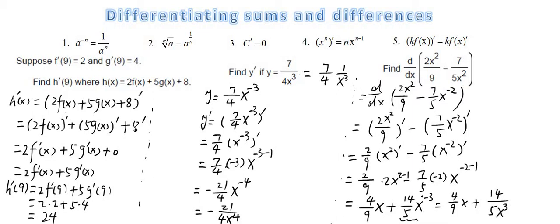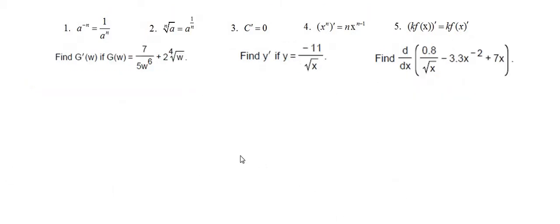Now let's take a look at another 3 examples. Let's look at the first one. We have 2 terms. For the first term we can clearly apply rule number 1, and for the second term we can apply rule number 2.